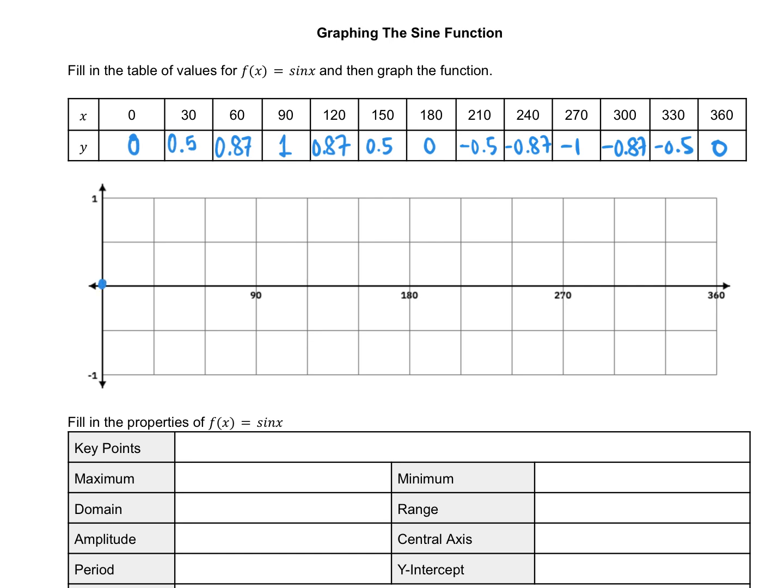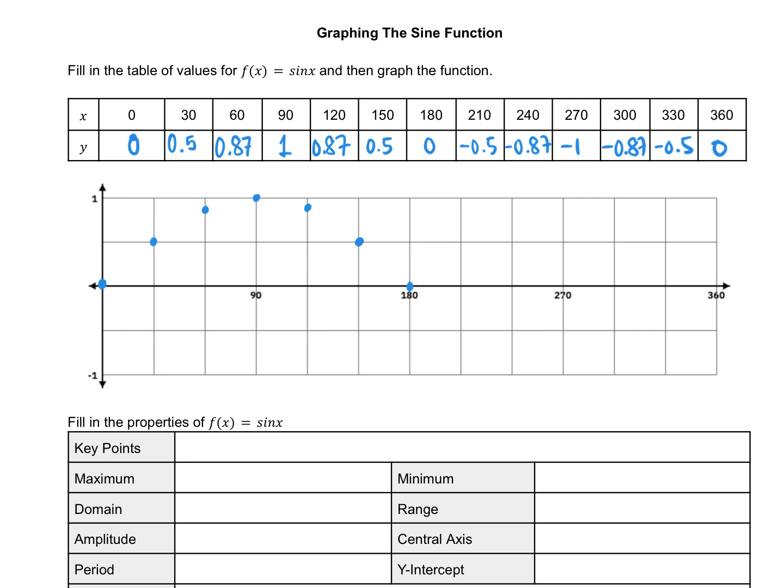So 0, 0. 30, and on my x-axis each box is 30, so 30, 0.5, 60, 0.87, so I'm pretty close to 1 but not quite. Then we're up at 1 at 90 degrees, then we're heading back down 0.87, 0.5, and back to 0.